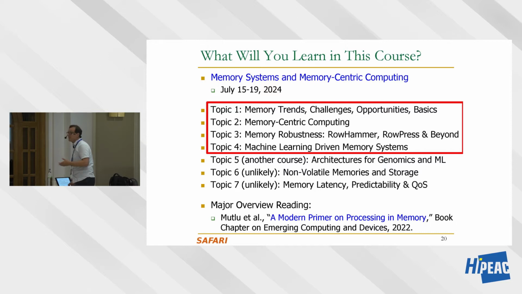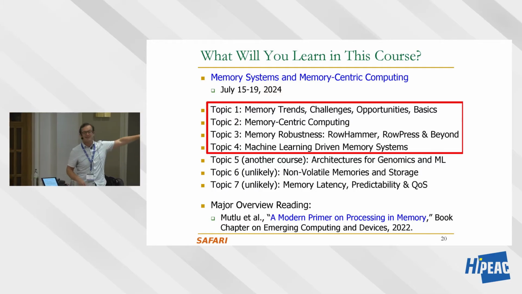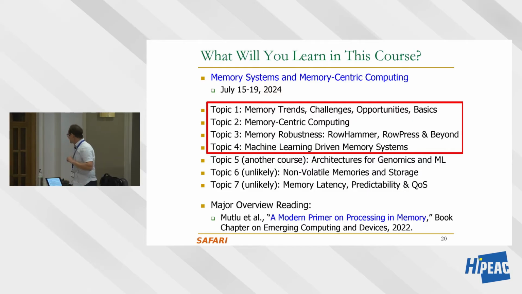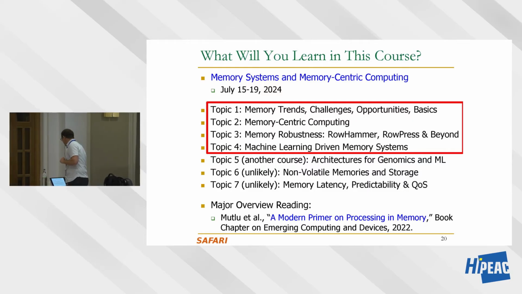And then there's a lot more on memory also that we're not going to cover, unfortunately, because there's just not enough time. Like in an earlier version, in 2013, when I taught here, I talked about non-volatile memories. But we don't have time this time. In earlier versions, I talked about memory latency, predictability, quality of service. Again, those got dropped because other things became potentially more interesting and more important.